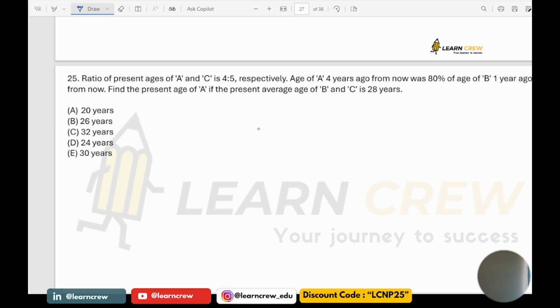So here, if A's present age is 4x, C should be 5x, right? And what is given? The age of A 4 years ago was 4x minus 4. Age of B 1 year ago from now is 80%.